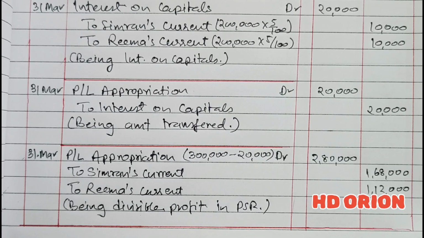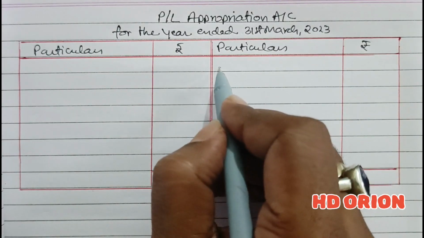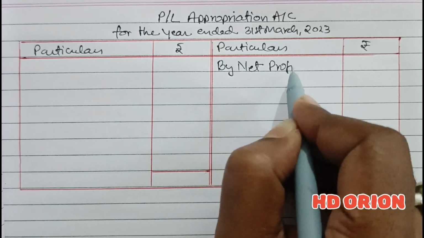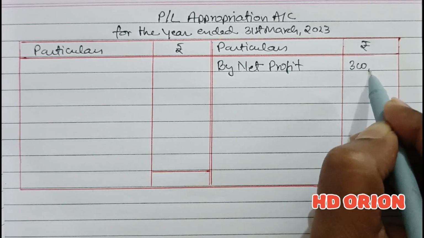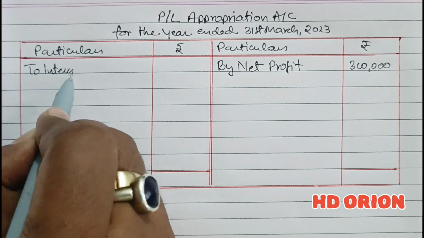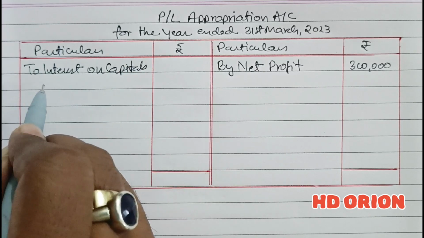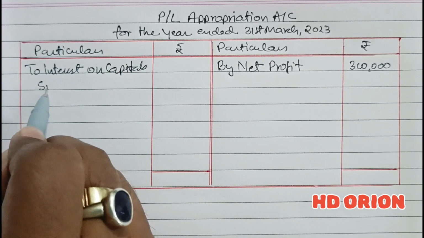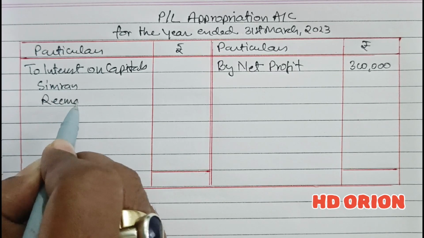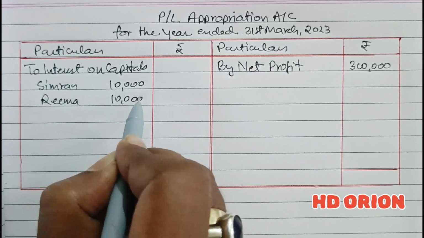Now we have to prepare profit and loss appropriation account. So on 31st of March, our net profit is rupees 3 lakh. Now to interest on capital, to partner Simran and Rima. As discussed earlier, it is 10,000 each.